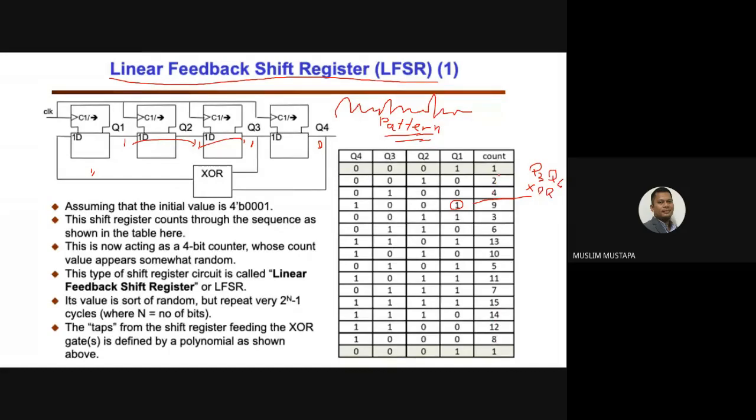So 1, 2, 4, so these are all different states. So we haven't gone into the state diagram part yet.